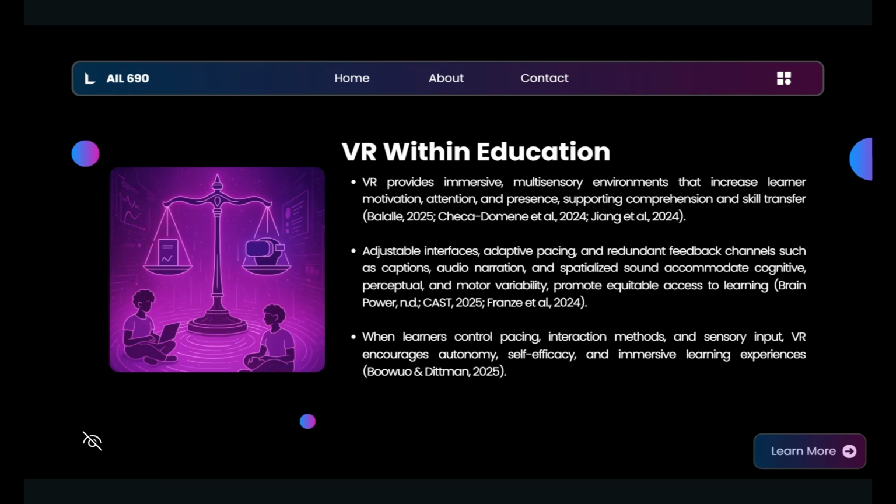Adding tools for accessibility challenged students, such as narration and captions, aligns with UDL to provide accessibility for all in different modes of learning. It has been found that when learners control pacing, interaction methods, and sensory input, VR encourages autonomy and inclusive learning experiences.